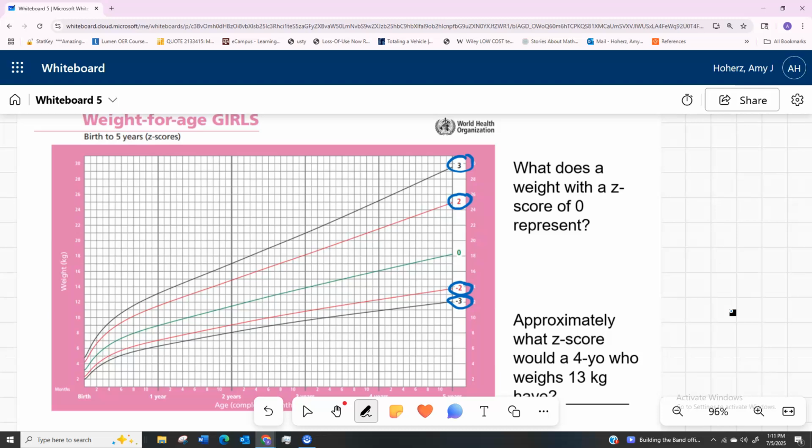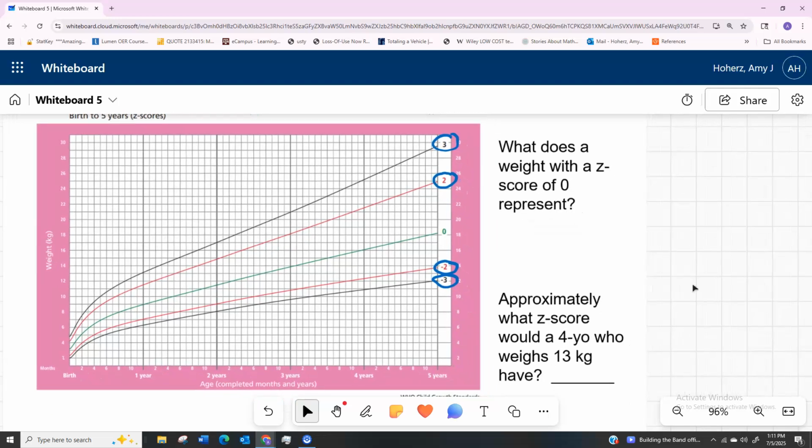But as they get older, so in this case, let me move this so we can make sure you can see it. It goes from birth to 5 years old. So babies versus 1-year-olds versus 2-year-olds, from the center up to here, or the center down to here, is not as wide of a gap as it is when you get up into the 4-year-olds and the 5-year-olds.